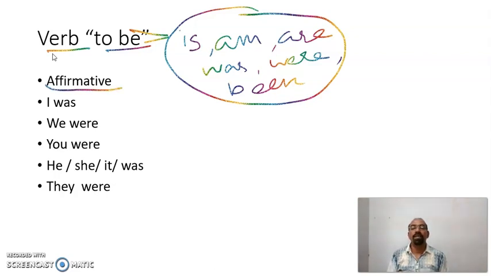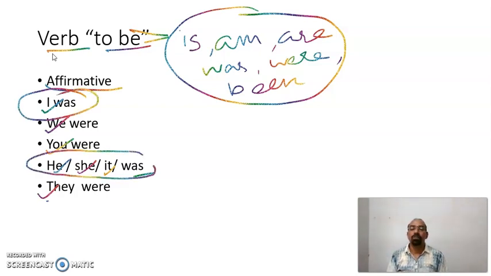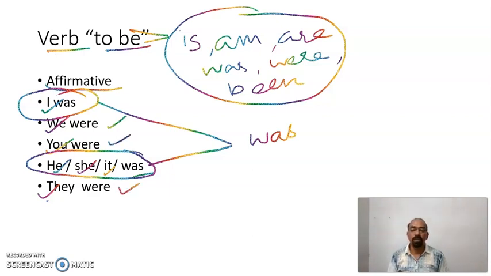To form the affirmative to be form, we use I was, we were, you were, he or she or it was, they were. So with the first person and with the third person singulars, we use was. With all other subjects, we use were. That you have to remember.